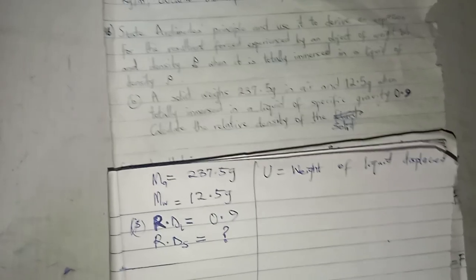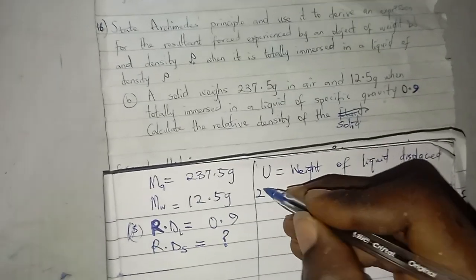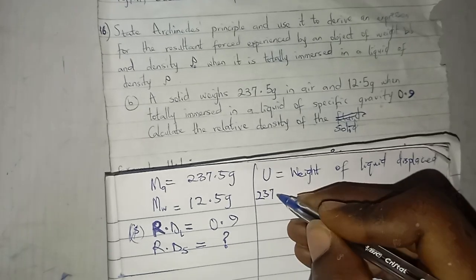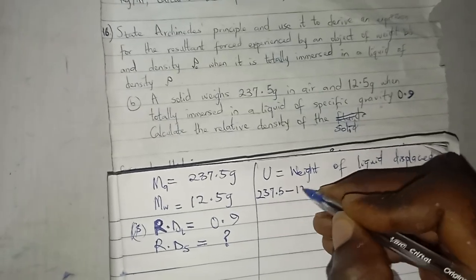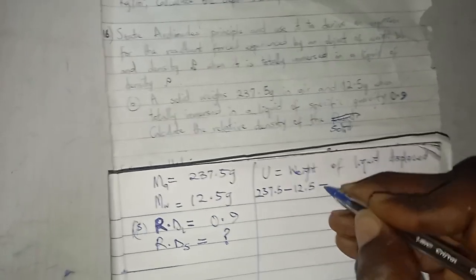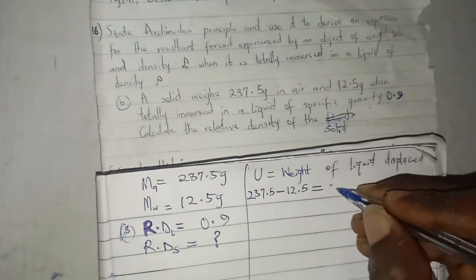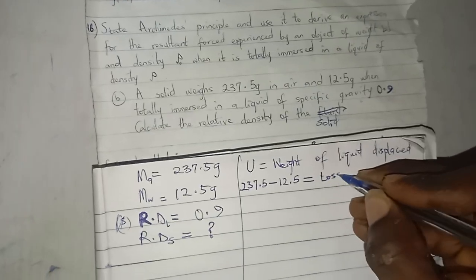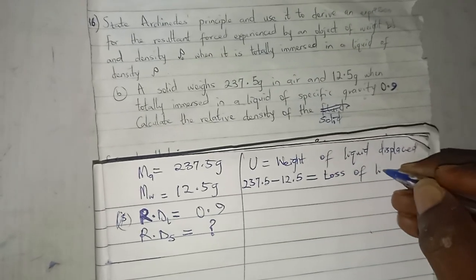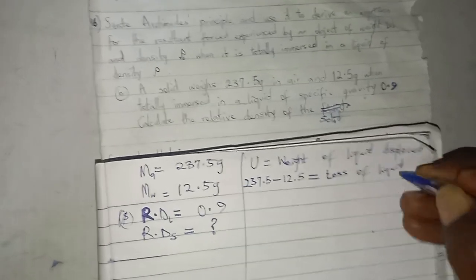So first I will say upthrust. So weight in air of that solid, that is 37.5 minus 12.5, is equal to weight of liquid displaced. So it is equal to loss of liquid. Weight of liquid displaced is equal to loss of liquid.